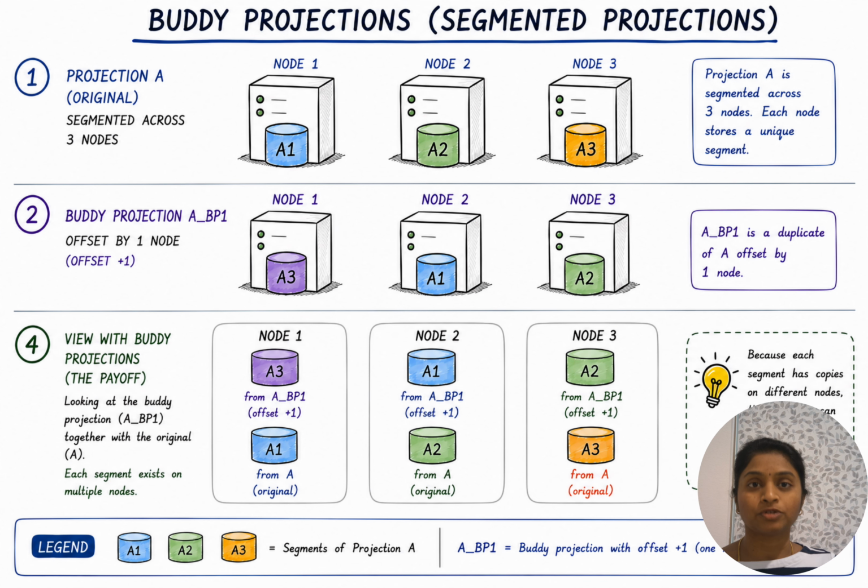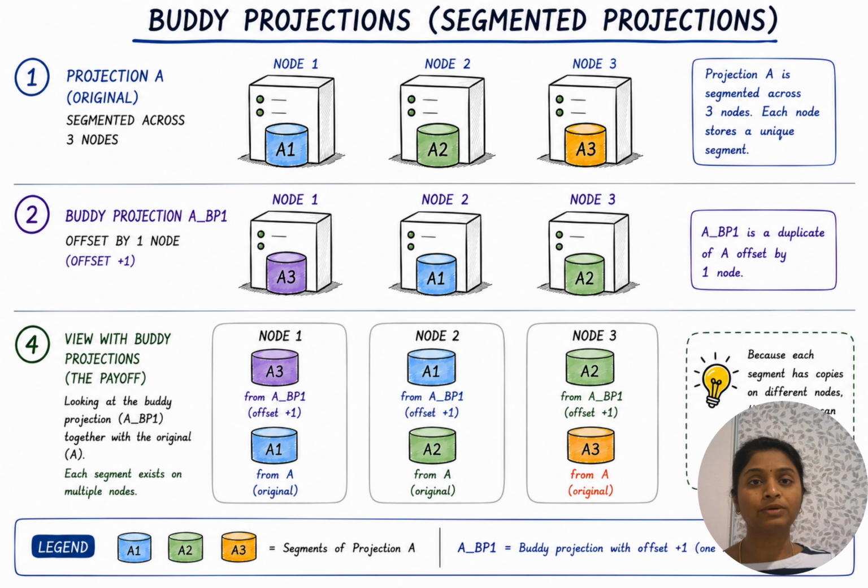Now put both projections together and look at each node. Node 1 has its original A1 plus A3 from its buddy. Node 2 has A2 plus A1 from its buddy. Node 3 has A3 plus A2 from its buddy. Follow any single segment.